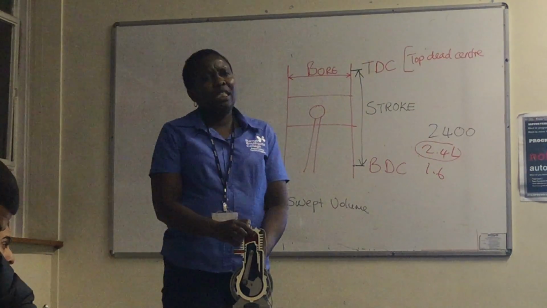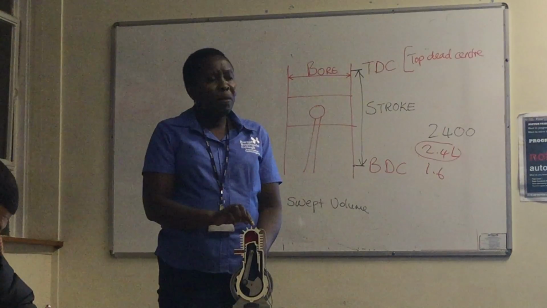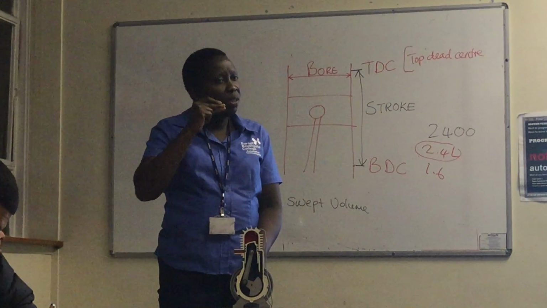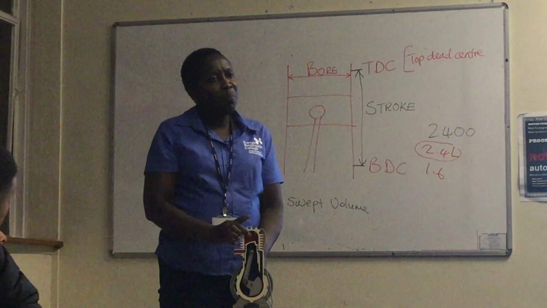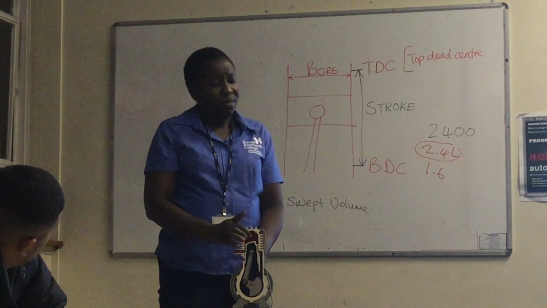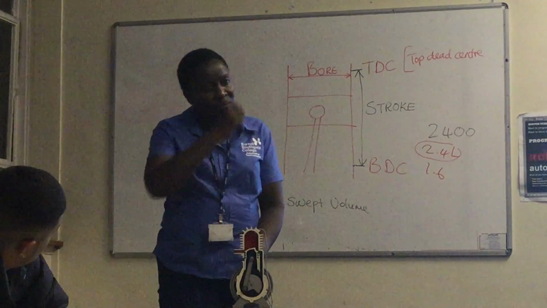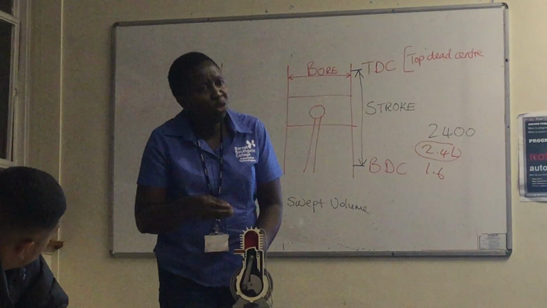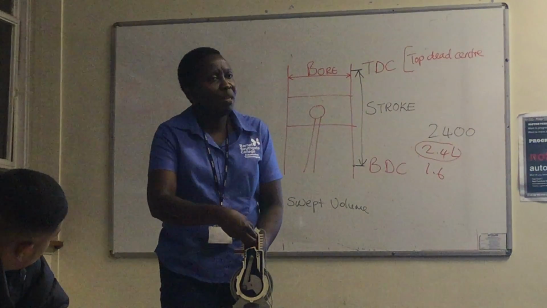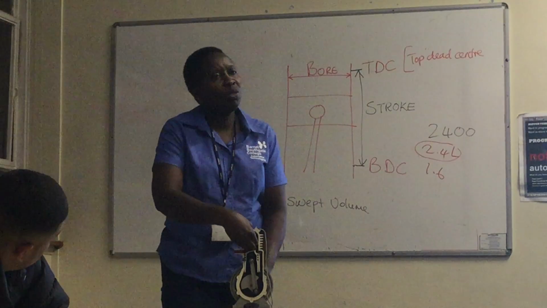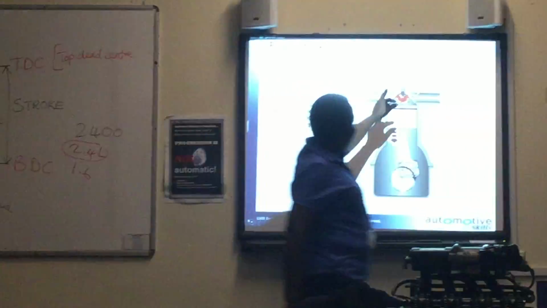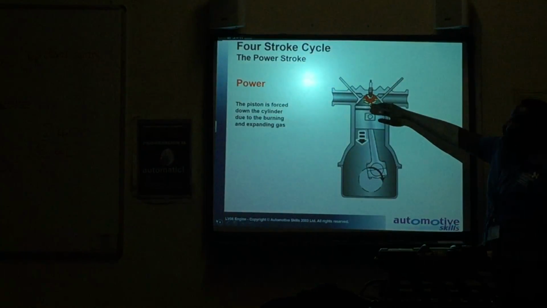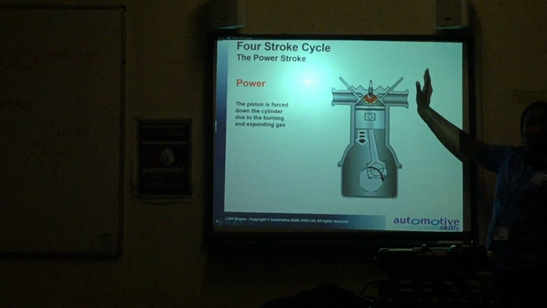Before it reaches TDC, the spark plug will produce a spark, or fire. When the spark plug fires, the petrol and the air will start to burn rapidly, then push this piston down, the last stroke. So, power stroke: before this piston reaches there, the spark plug fires.